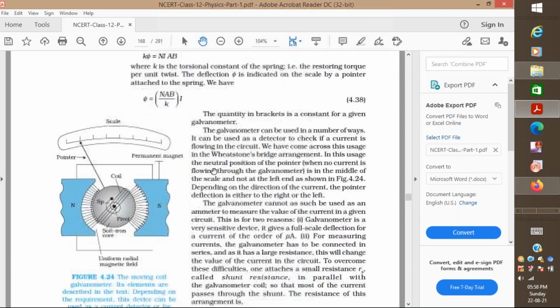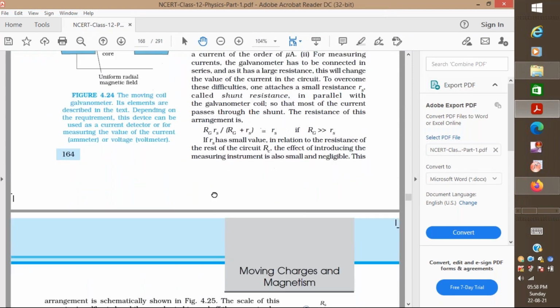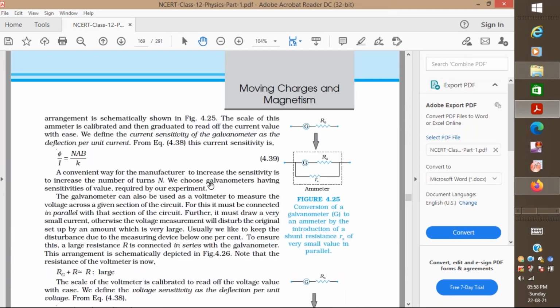Otherwise, I'll end the class. I'll be sending few questions on this particular chapter. I'll send it to Guna Madam, who will circulate to you. Maybe by tomorrow morning, I'll send the questions.